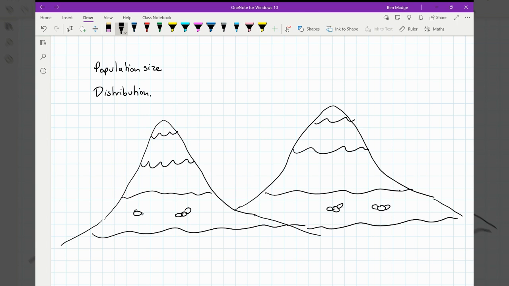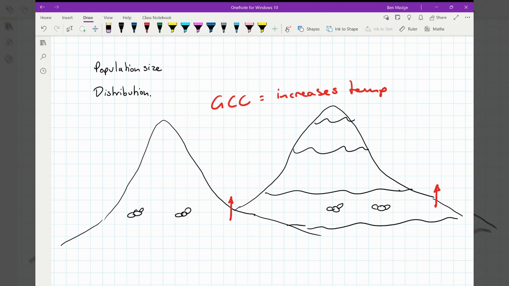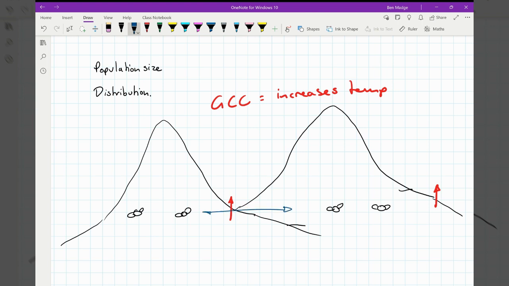What you find is with climate change, which increases the temperature, this means that this climatic zone on the mountain goes up the mountain. Well, all of them do, in fact. So instead of being a connected population that can fly between different parts of the valleys, the area in which they can exist moves uphill.